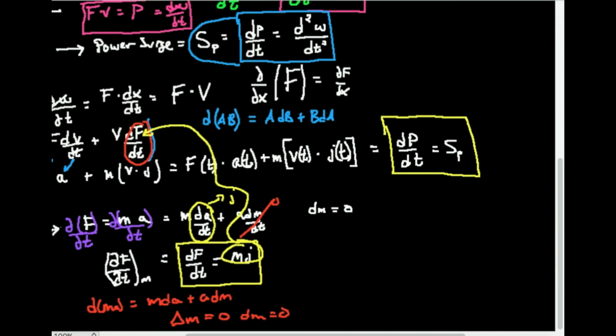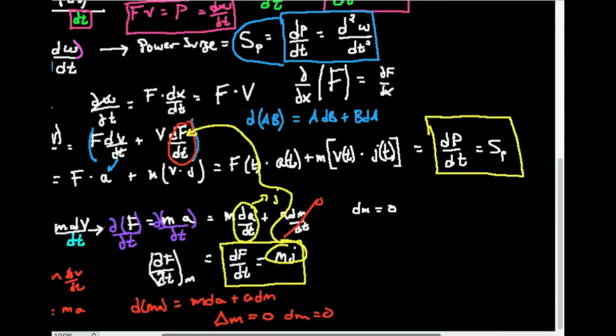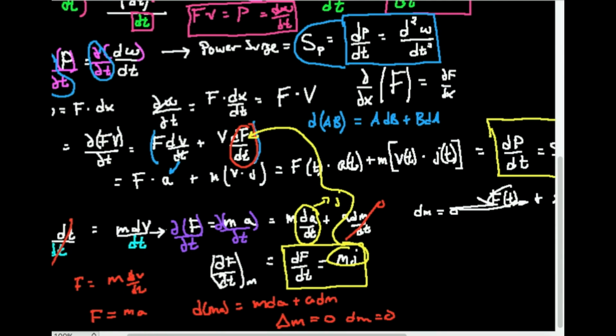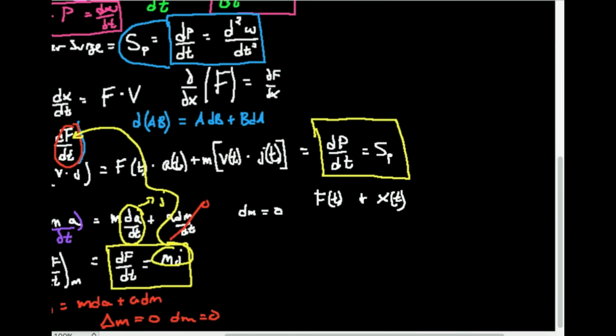If you didn't have a function for power, this is how you would do it. What would you have to have a function of to get this? What would you have to have? Well, you would have to have force as it varies with time, right? And you would have to have x as it varies with time. Those are the only two things you would need to do this. You need these two expressions right there.